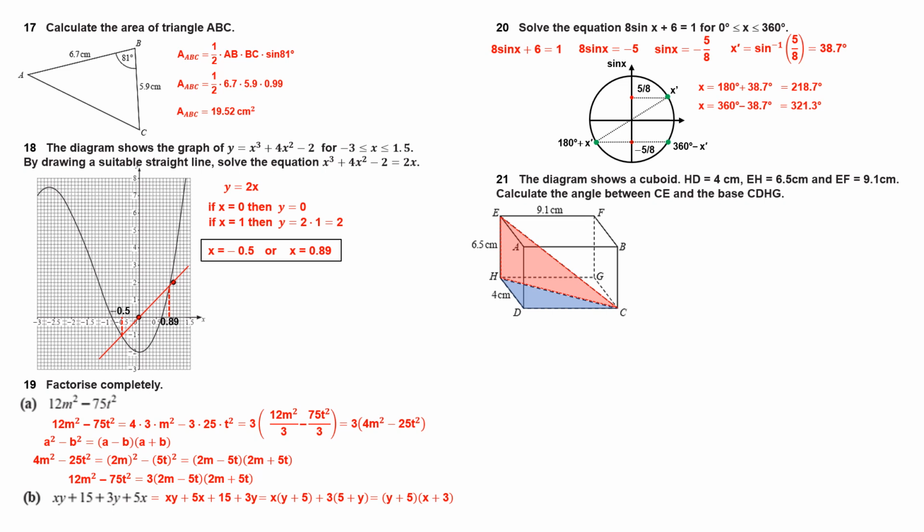First, use the Pythagorean theorem to calculate the length of the diagonal HC. Next, using the tangent function, you calculate the angle between EC and the base CDHG.